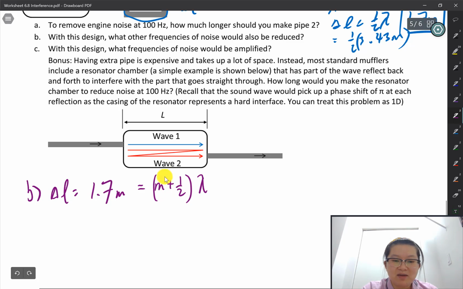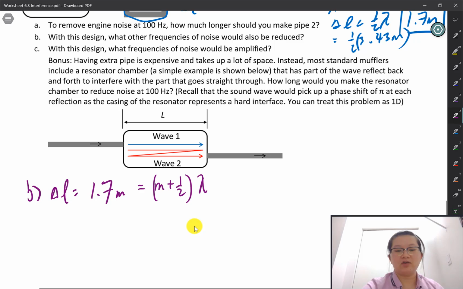So if I increase m, so that the path difference wouldn't be half a wavelength, it would be 1.5 wavelengths, 2.5, 3.5, 4.5 wavelengths, then my wavelength would decrease, meaning I am going to get a different frequency of sound that I can also make destructive interference with as well.